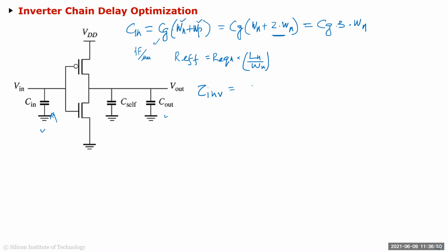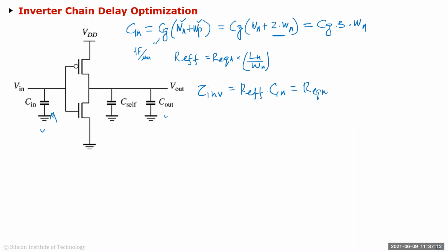So how am I able to drive my input capacitor? Because, as I said in the previous example, you're trying to drive the output by increasing the size of the Wp and Wn, but you're increasing the input as well. So we're going to write the tau in as R effective C in, and this will be a little bit more clear when we derive it. So just bear with me for now.